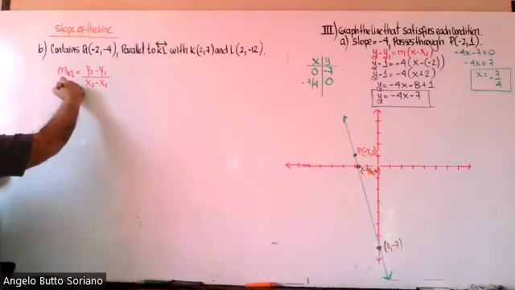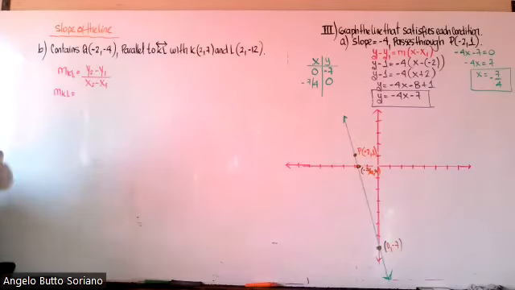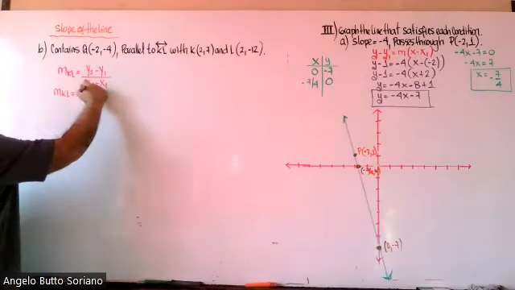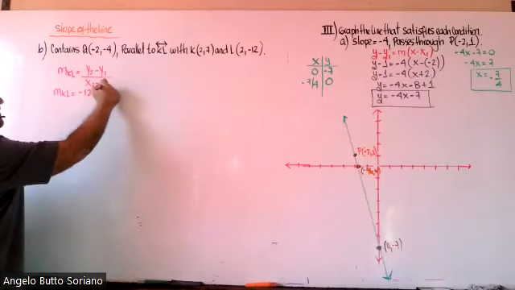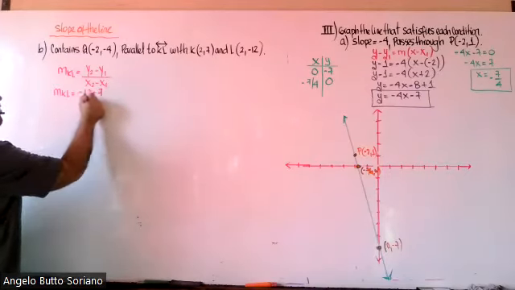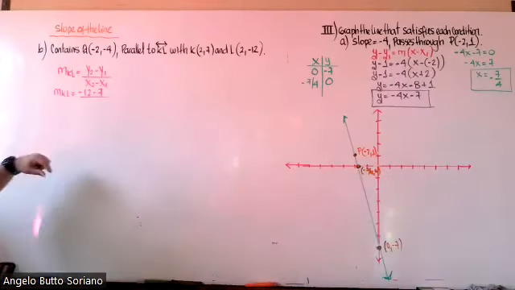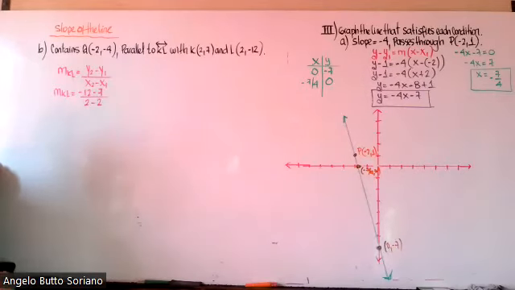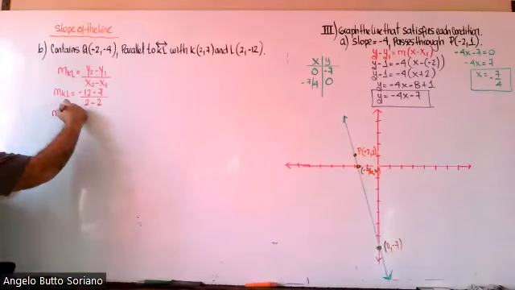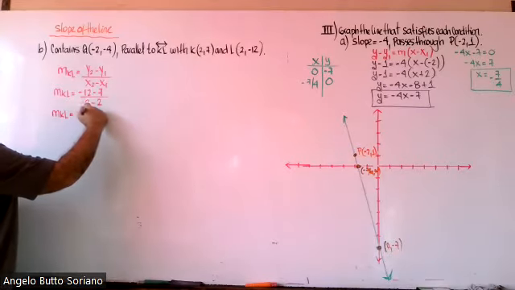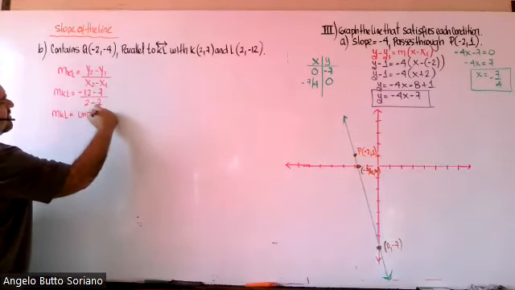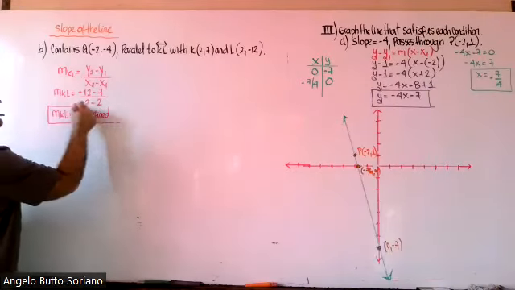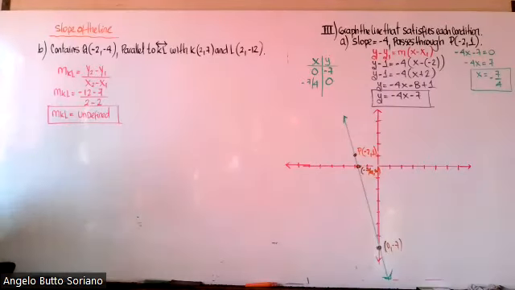So the slope of the line KL will be equal to negative 12 minus 7 over 2 minus 2. The slope of the line KL will be undefined because we cannot divide negative 19 over 0.